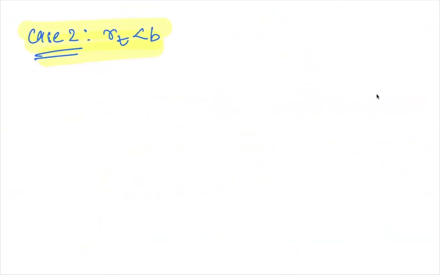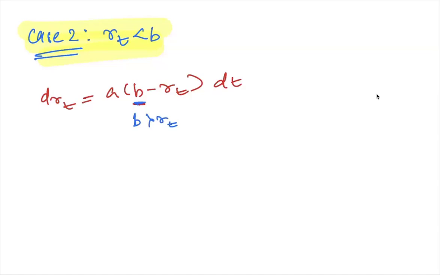Now let's look at the equation of mean reversion. dRT is equal to what? A times (B minus RT) dt. This is the mean reverting component. So what I'm saying here is that B is greater than RT. So B minus RT is positive.